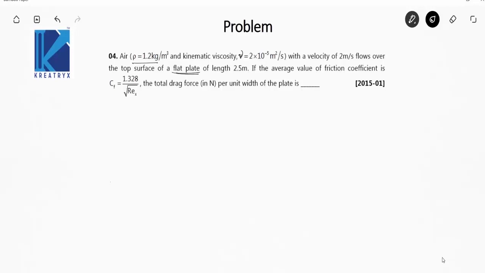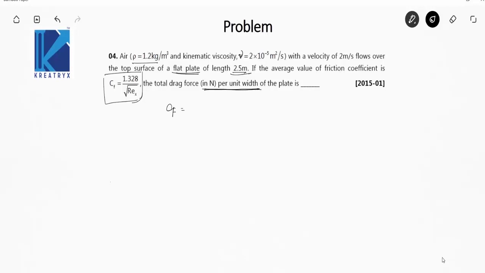Flat plate length is 2.5 meters. The average value of friction coefficient relation that you learn is also given, so that makes it again a simple question. You have been asked the value of the total drag force in Newton per unit width of the plate.